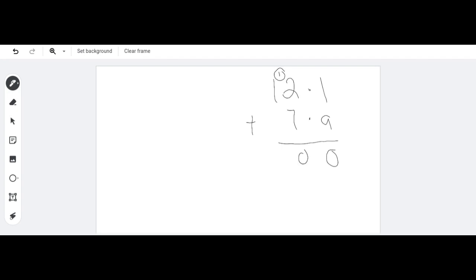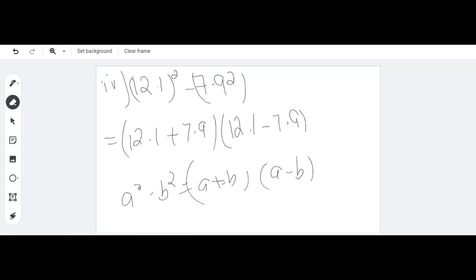Again 10, then 1. That is giving us the answer, and the point will be here. Okay, ma'am. I will write the answer here: 20.0. Now I have to subtract them.